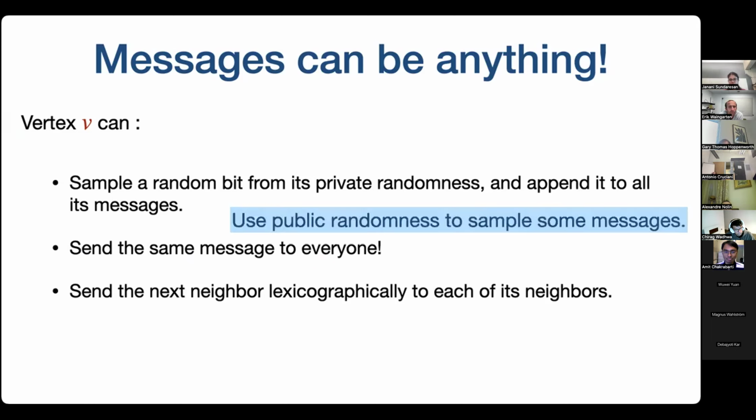In one phrase, how we get around this is we use public randomness to break this correlation between messages. Some part of it is fixed, and then you sample the rest based on that. The next thing we said is it could just send the next neighbor lexicographically or something like this.